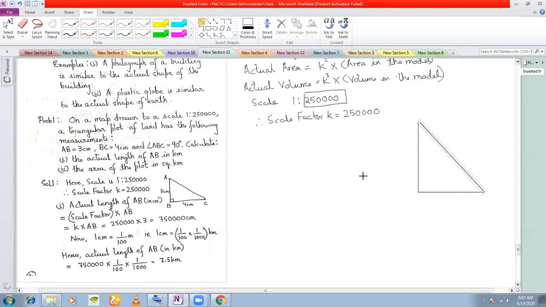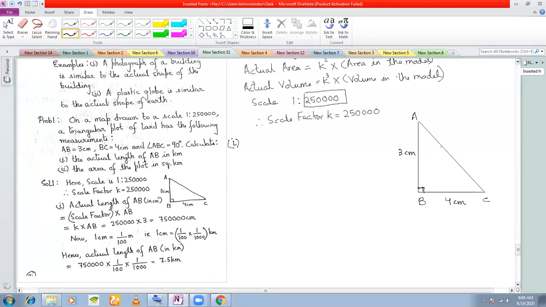So this is the map. In the triangle, AB is 3 centimeter, BC is 4 centimeter, angle ABC is 90 degree. Calculate the actual length of AB in kilometers. So we are talking about the length first.